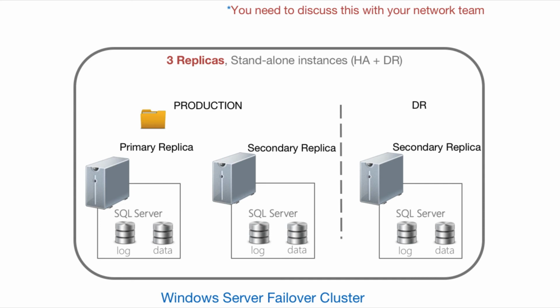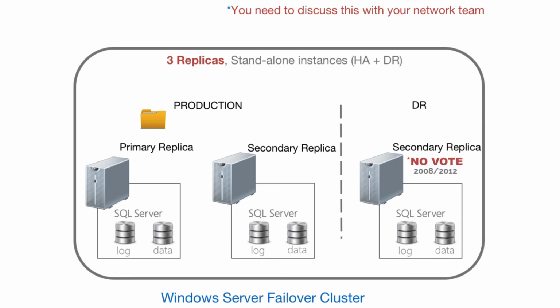But when I have to deal with my DR replica, I would have to configure that with asynchronous replication. The distance between my production data center and my DR data center does not have to impact the performance of client applications connecting to my primary replica.